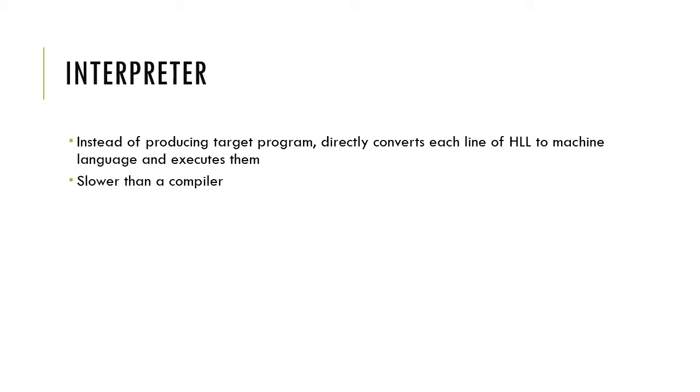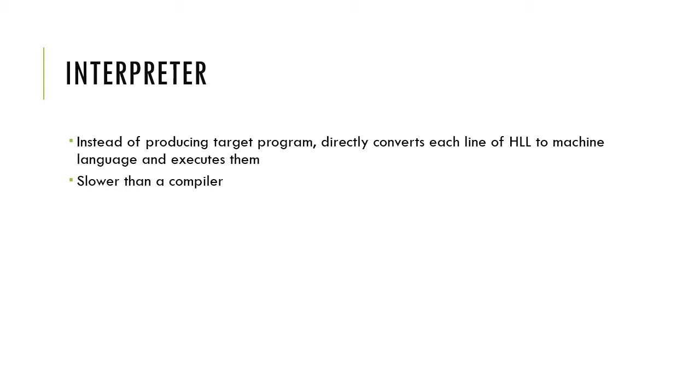After that, it again takes the next line of code in high-level language, converts it into machine language, and then executes it. And so on till the whole program executes, or there are errors in the program, in which case the interpreter will give out whatever is the error and stop. Because it does this one line at a time, it is definitely way slower than a compiler.